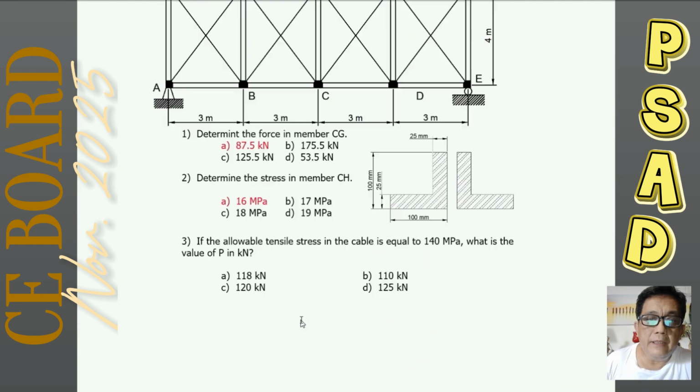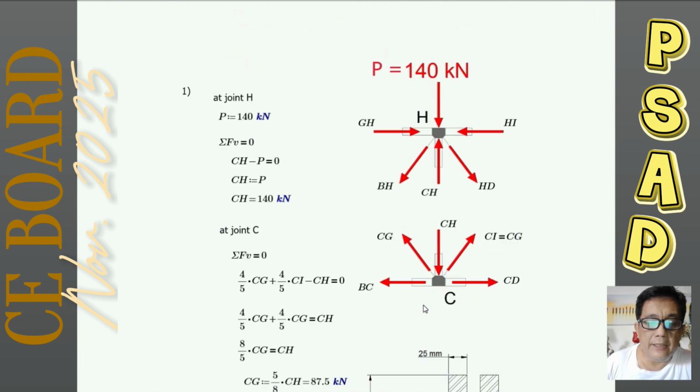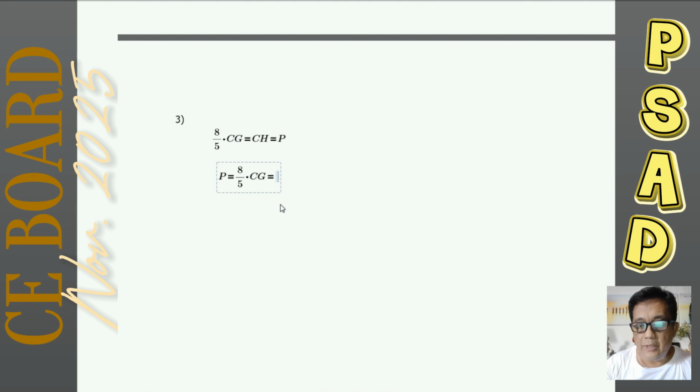Now, we are given the allowable tensile stress in the cable, 140 megapascal. So, let us express CG in terms of stress. So, CG is stress times area. So, this is equal to 8 over 5 times allowable stress in CG times the cross-sectional area of member CG. We are given the stress in CG that's equal to 140 megapascal.